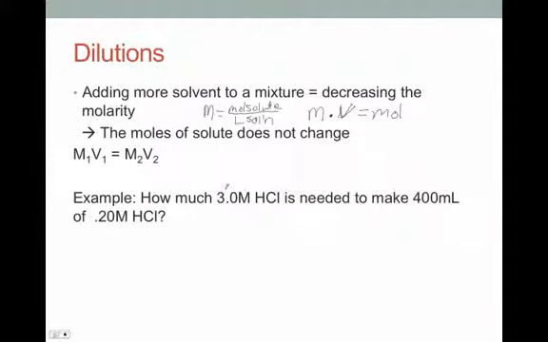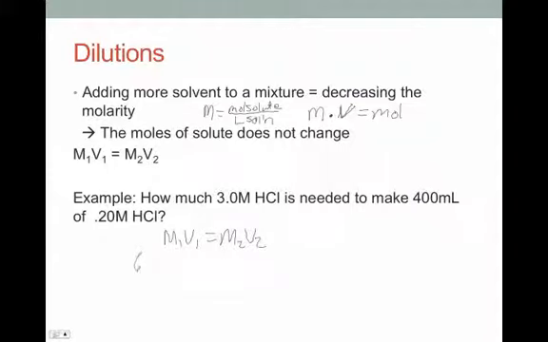So let's do an example problem. How much 3 molar hydrochloric acid is needed to make 400 milliliters of 0.20 molar HCl? So we're going to start off with, we don't know how much, but we know our first molarity, so we're going to use M1 V1 is equal to M2 V2.